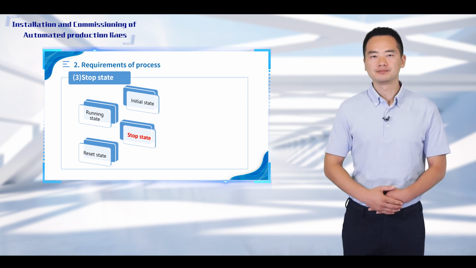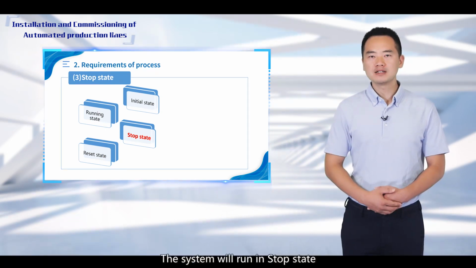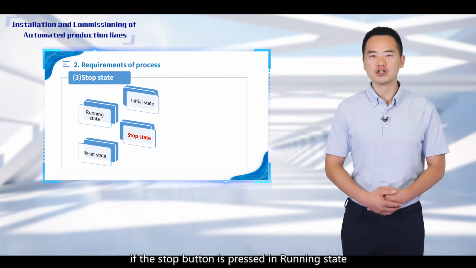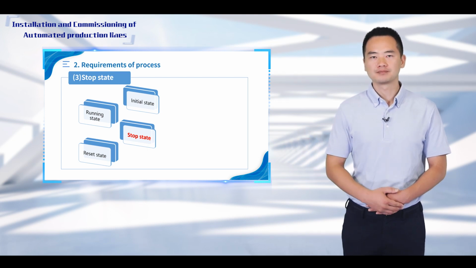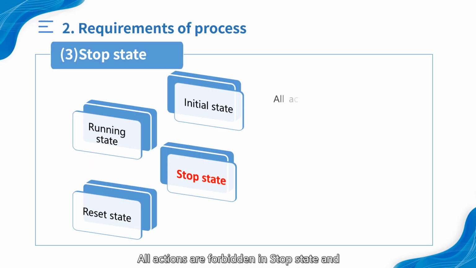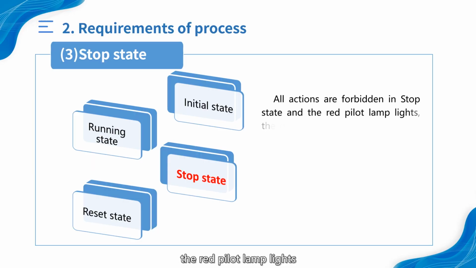Stop state. The system will run in stop state if the stop button is pressed in running state. After finishing the process of assembly, all actions are forbidden in stop state and the red pilot lamp lights.